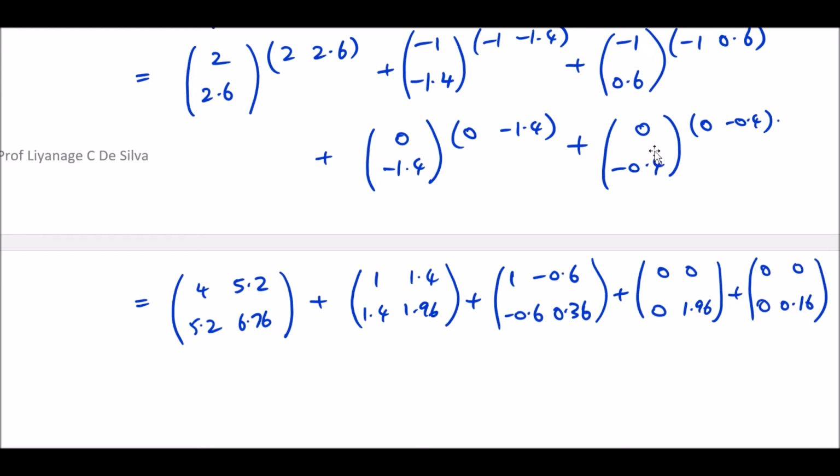When you add all this, we get our scatter matrix for data matrix D1.